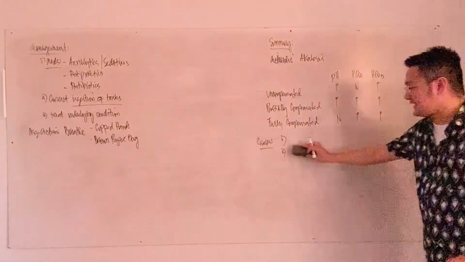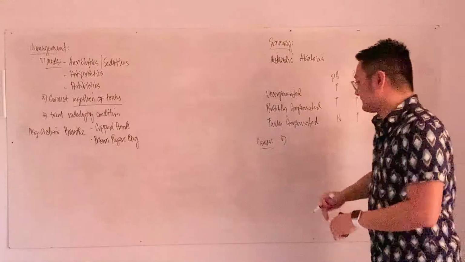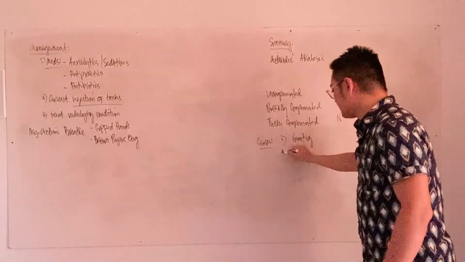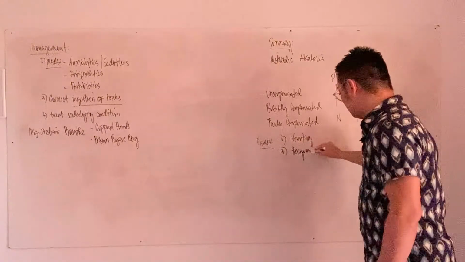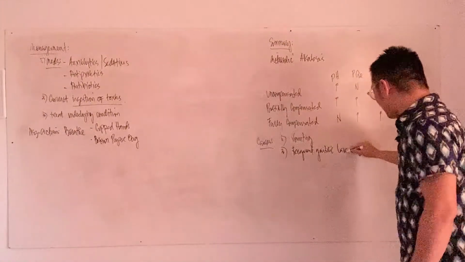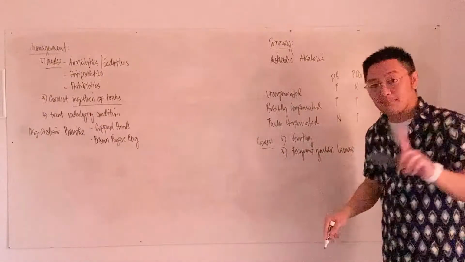Metabolic alkalosis is related to frequent gastric suctioning or vomiting. Okay? So one reason there is vomiting. Another reason there is frequent gastric lavage or gastric suctioning. I explained this in video clip number 1.